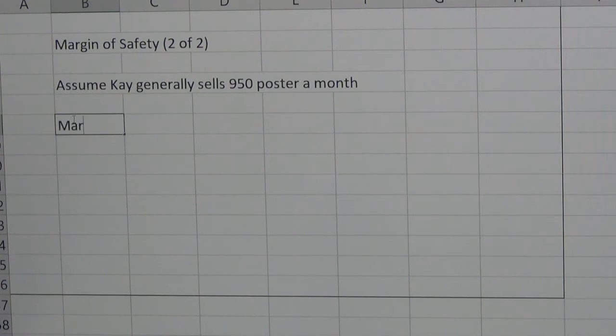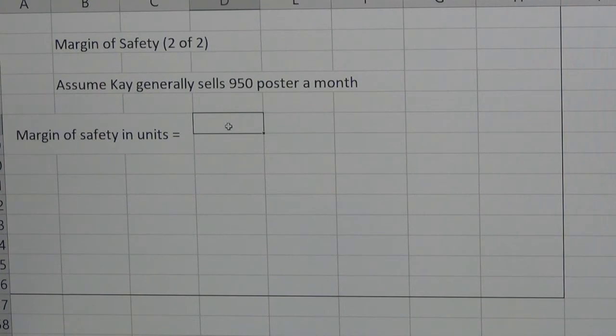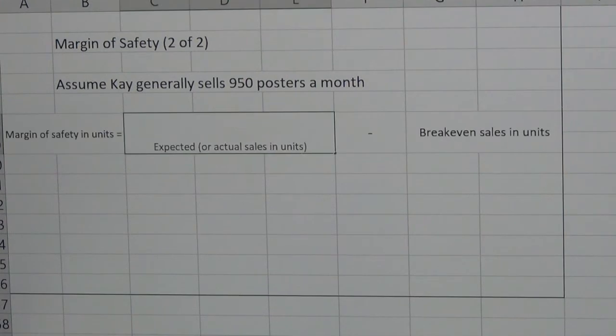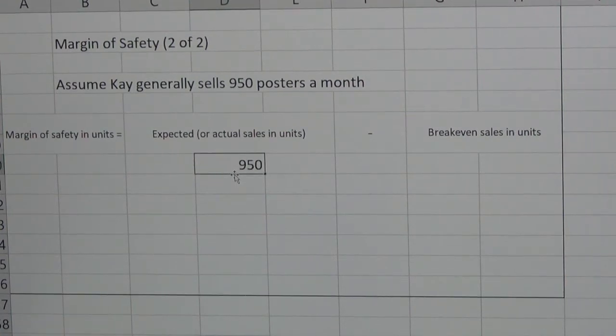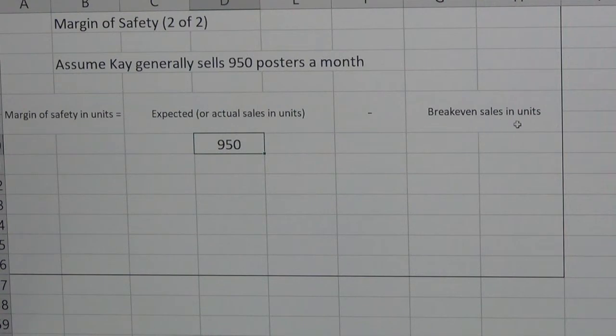So our margin of safety in units is equal to the expected or actual sales in units. In this case we're going to use our expected because we're going to just go with the 950, right? And then we're going to subtract from that the break-even sales in units.